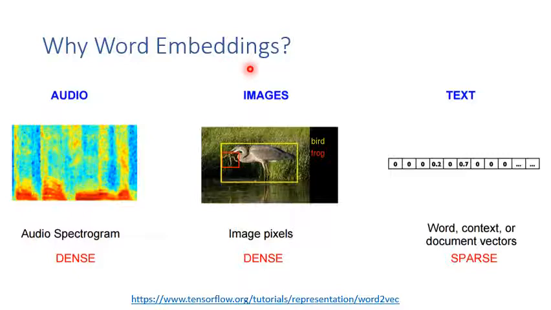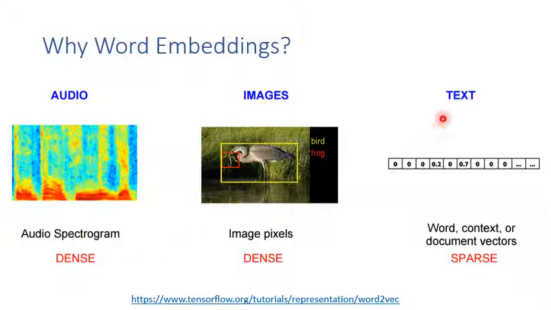Embedding is especially important for text. Why? This is because unlike other data like audio or images, both audio and image data are dense vectors. Right? The vector includes the image pixels or the audio spectrum.